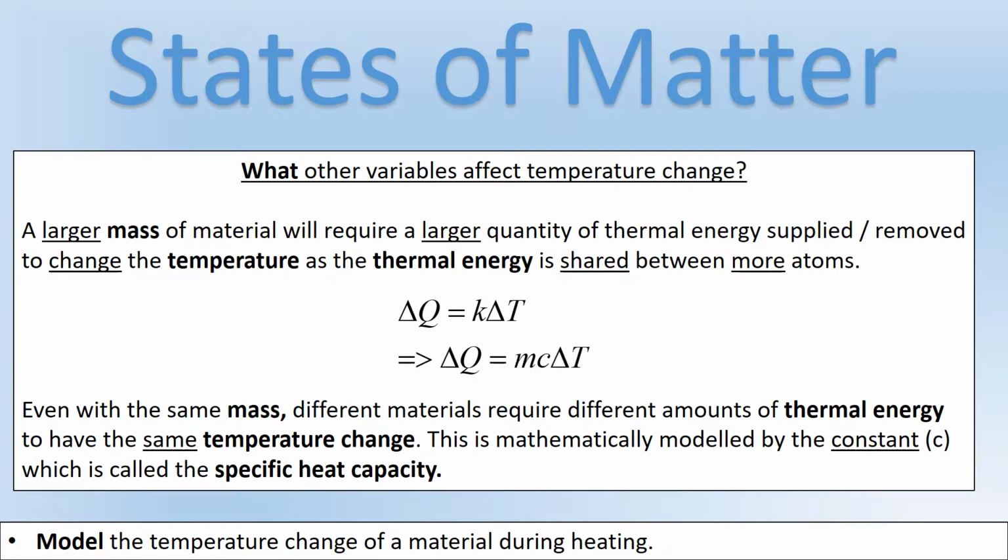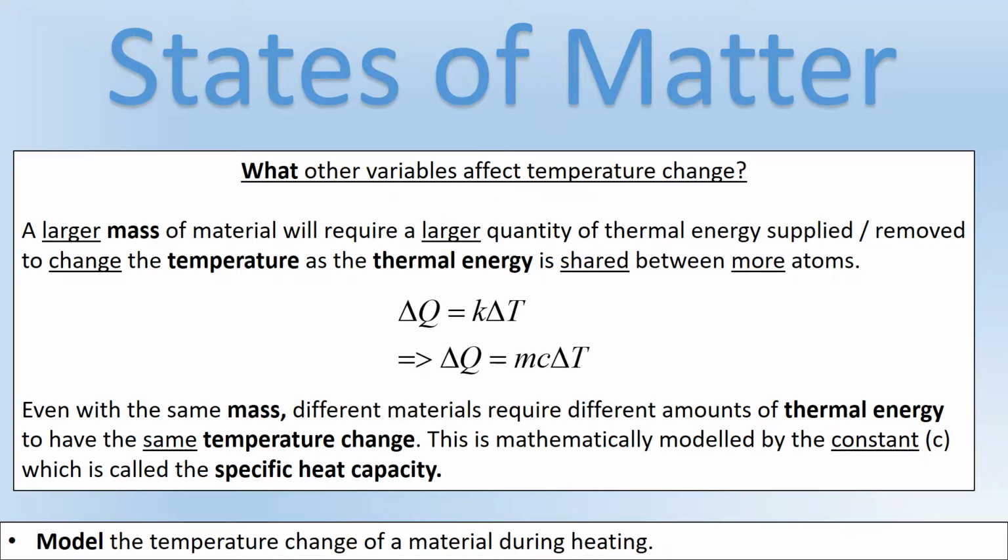So we know that one of the things that affects essentially the size of the temperature change will be the amount of thermal energy supplied. What else might affect it? Well, one of the things is the mass of a material. So if we have more material, the thermal energy is going to be shared between more atoms, so each one is going to get a smaller amount.